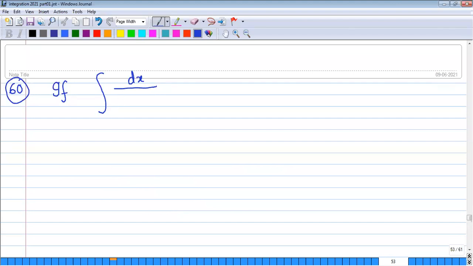Integral of dx upon x square plus 2x plus 2 equals f of x plus c.